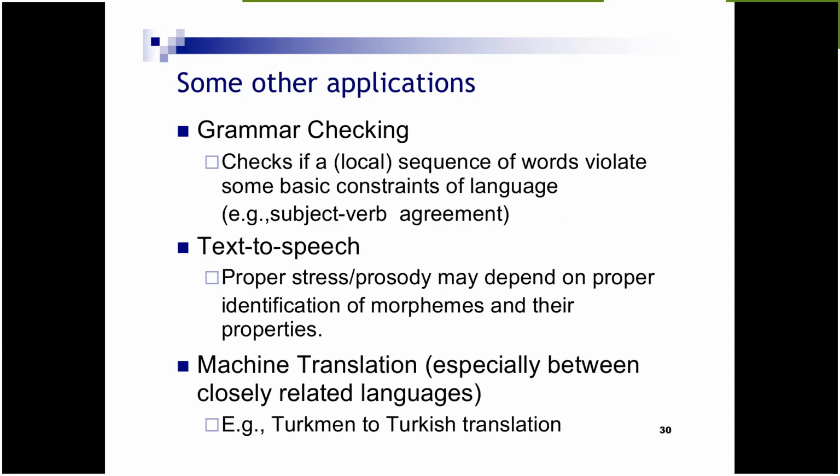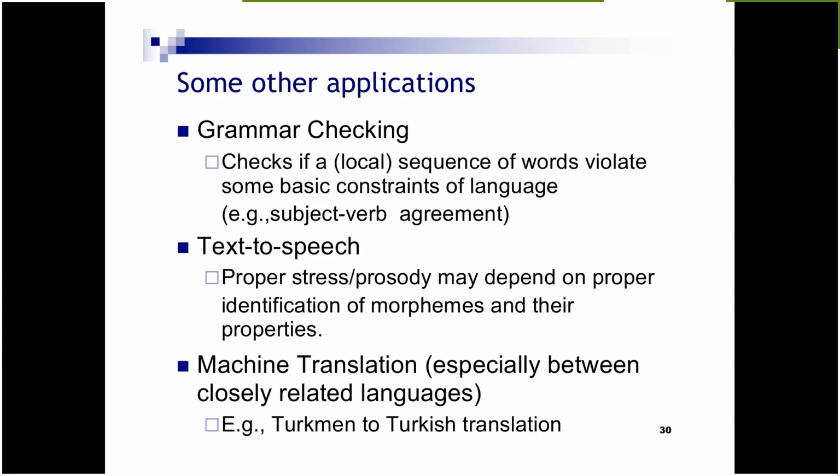If you are doing grammar checking, you need to know the agreement constraints between the words in a sentence. If you're doing text-to-speech, you need to know the kind of word. You need to disambiguate a word to know how to spell it out.